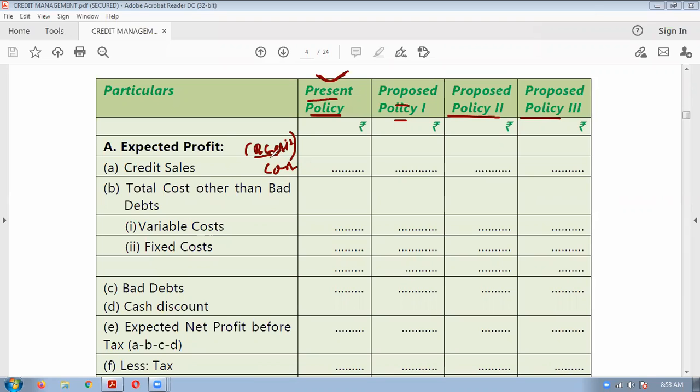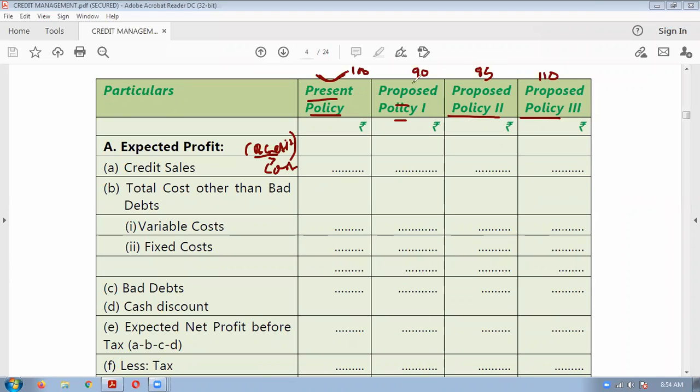When the benefit exceeds the cost, that is when there is a net benefit, we will say you can go with the credit decision, and out of that we should check where the net benefit is more. Suppose in the present policy the net benefit is 100, in proposed policy 1 it is 90, in proposed policy 2 it is 85, and in proposed policy 3 it is 110.